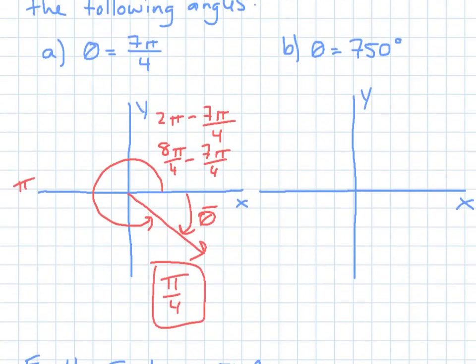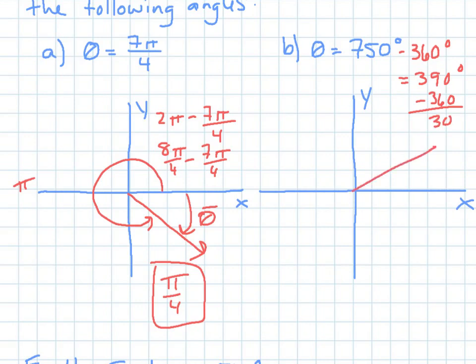Okay. And then here I have 750. Sometimes you need to subtract 360 or 2 pi to get a value between 0 and 2 pi before you can find a reference angle. So if I take 750 minus 360, that gets me 390. And then 390, once again minus 360, because I'm still not between 0 and 360, gets me 30.